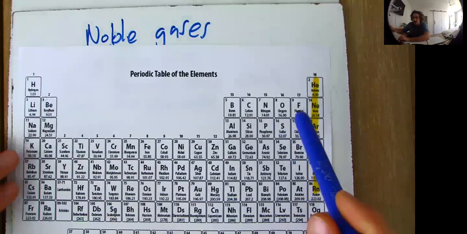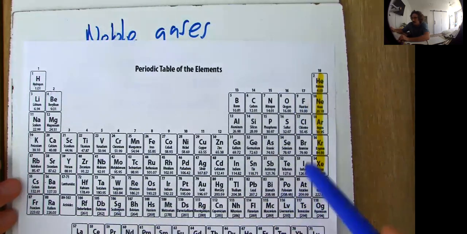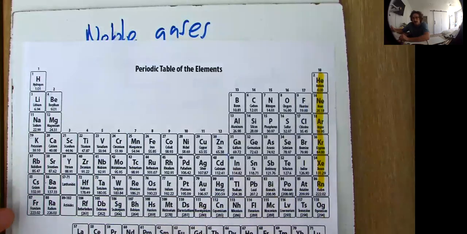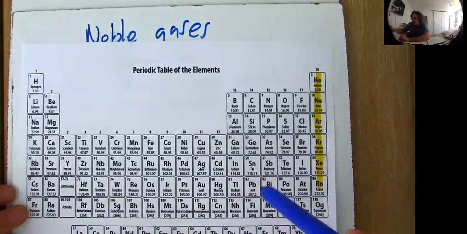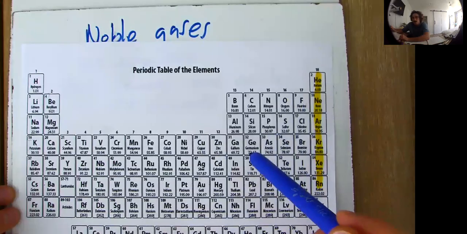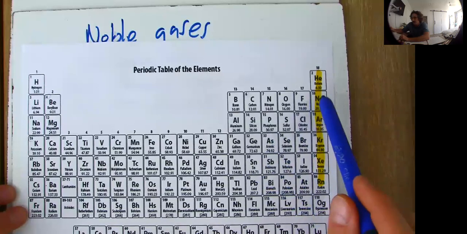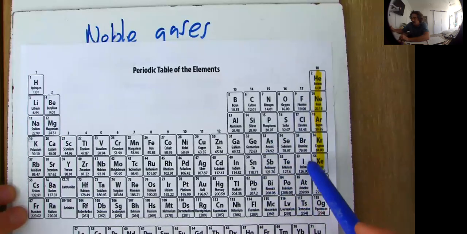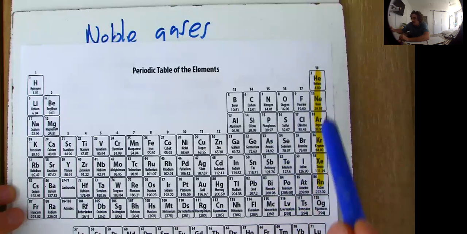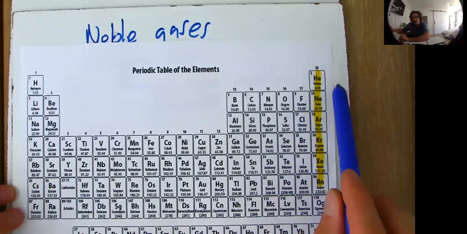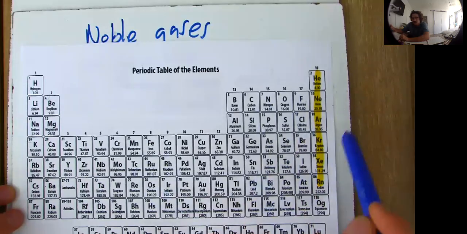Because all the other elements on the periodic table are highly reactive and highly unstable, some more than others. But when they do react, they're reacting in a way where they're gaining or losing electrons so that they can have a similar electron configuration as the noble gases. The noble gases are the elements to be. All the other elements want to be like the noble gases.